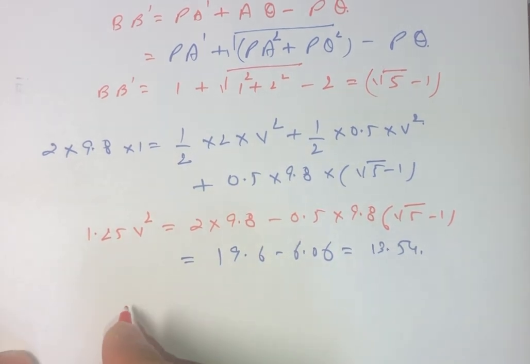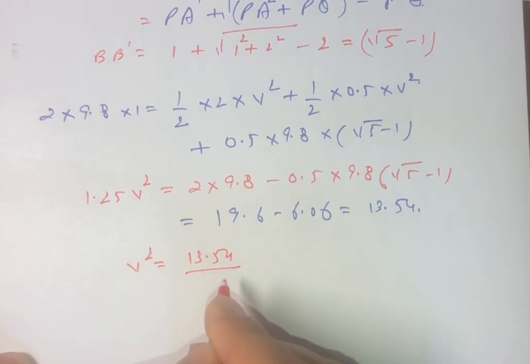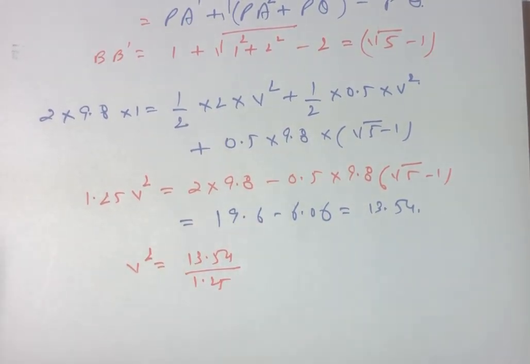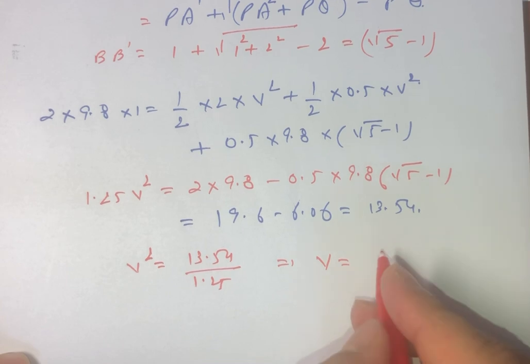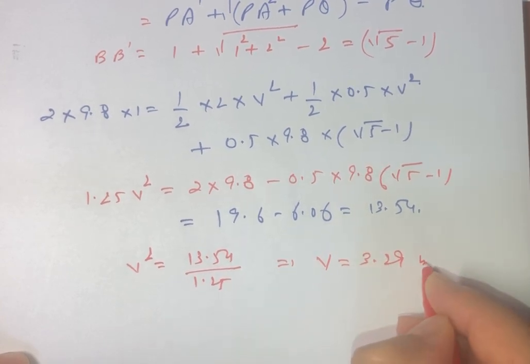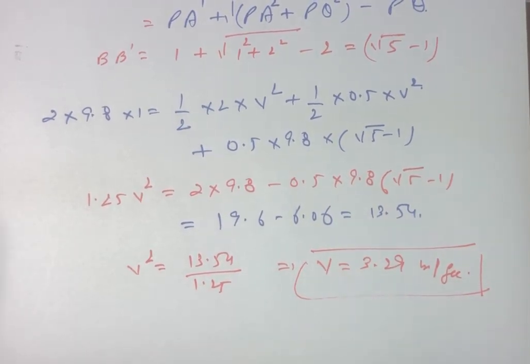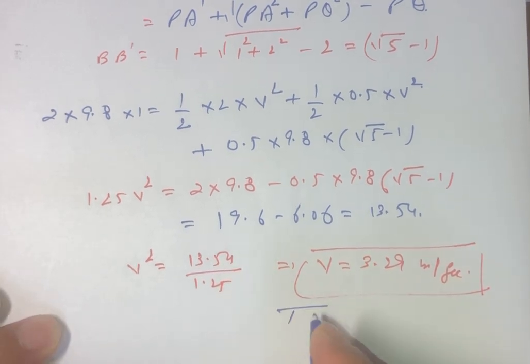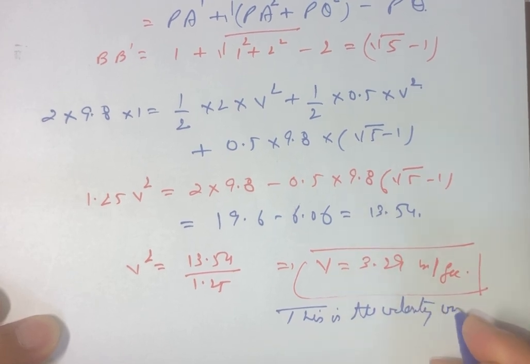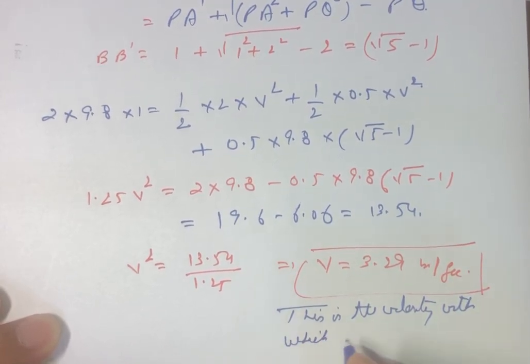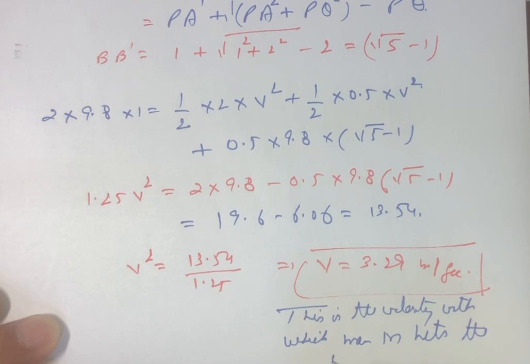So V square is equal to 13.54 divided by 1.25, and the velocity V is equal to 3.29 meters per second. So this is the velocity with which mass capital M hits the wall.